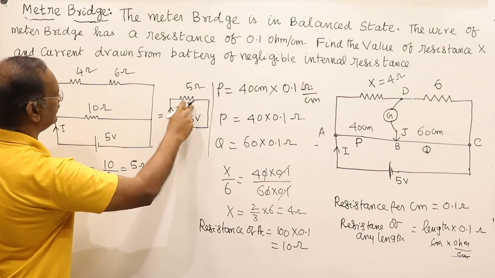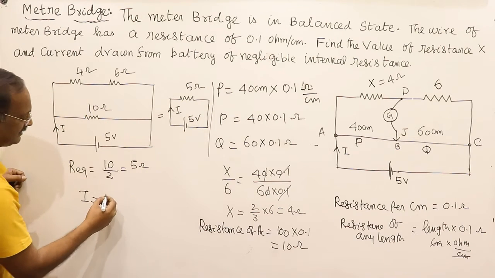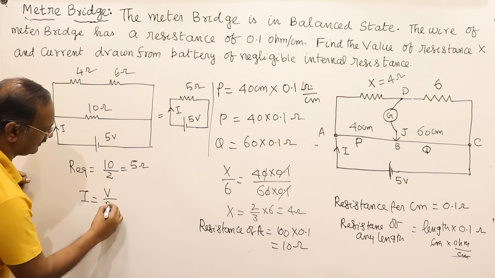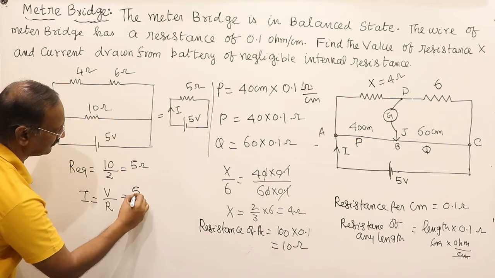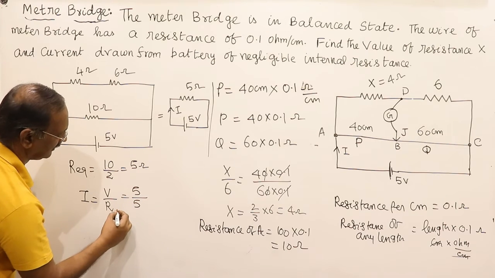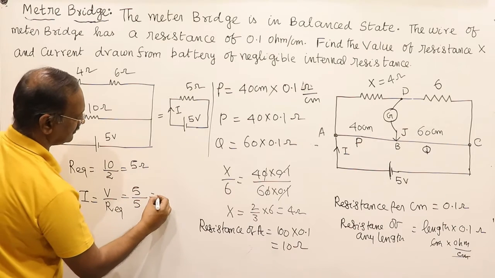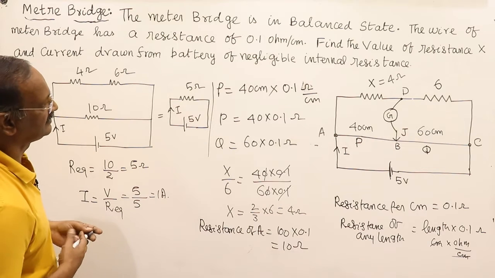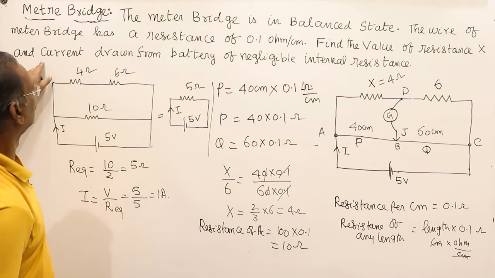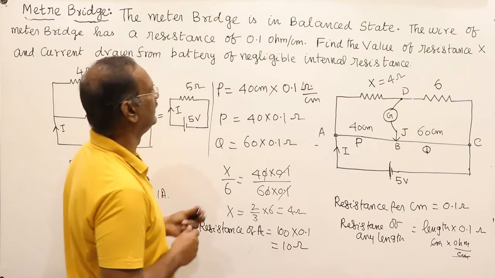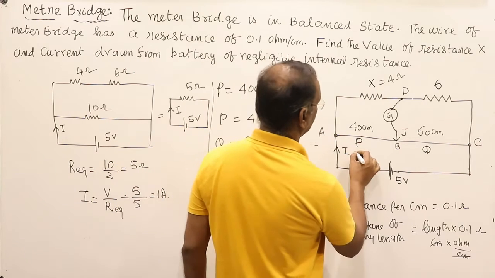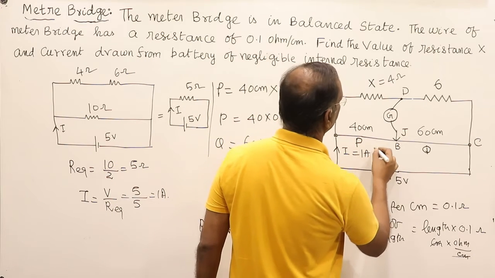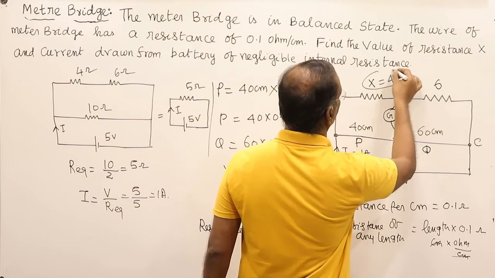Current is equal to voltage divided by resistance, that is 5 volt divided by R equivalent, equal to 1 ampere. So we can say the value of resistance X is equal to 4 ohm and the current drawn from the battery is equal to 1 ampere.